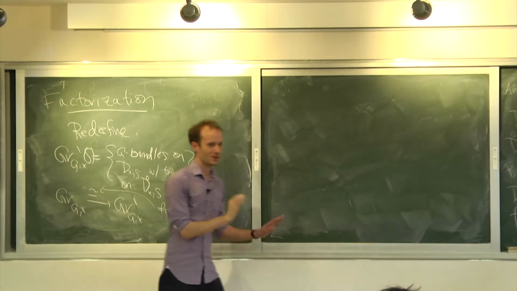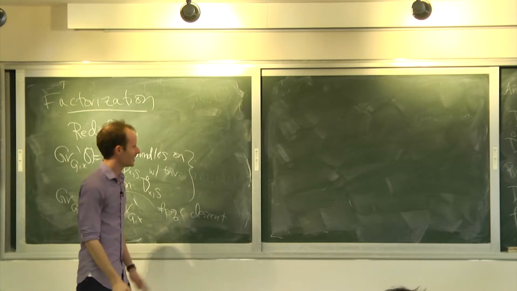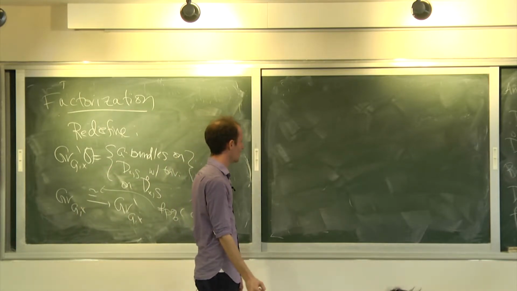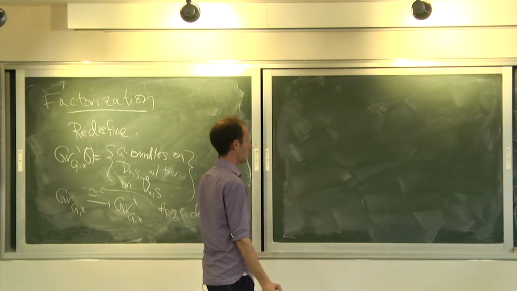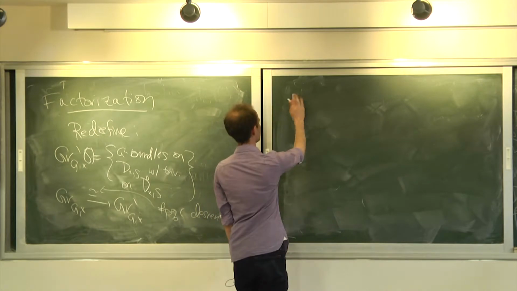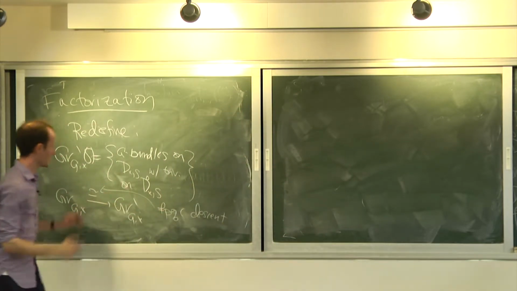It doesn't follow so far from FPQC descent. Great, that's the affine Grassmannian.